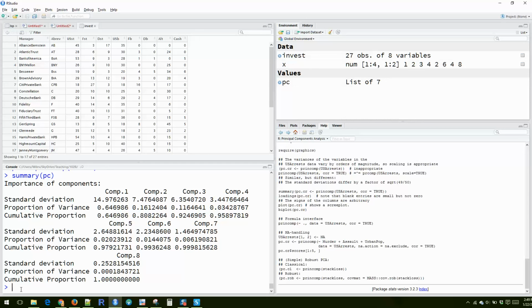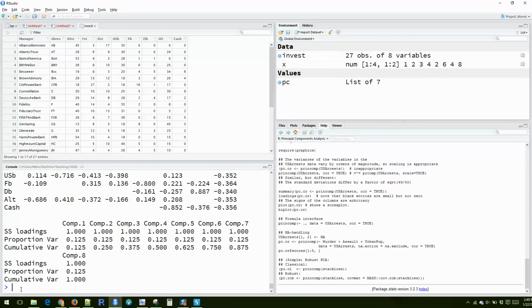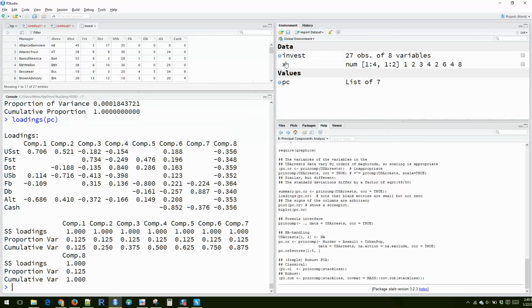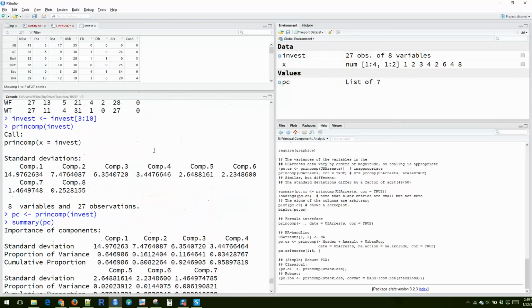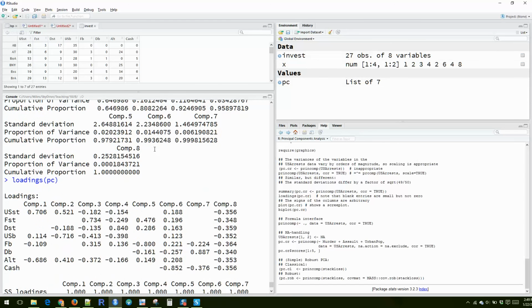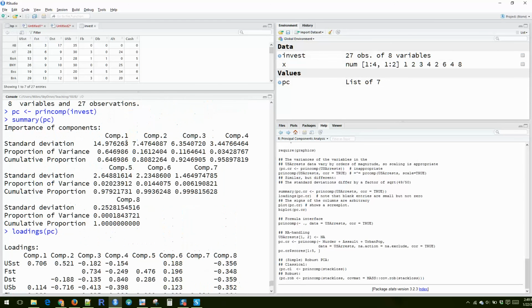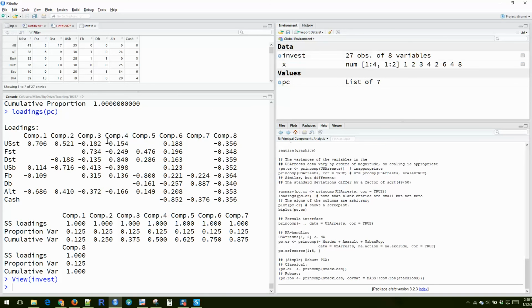Summary of PC and summary. Okay, so I've performed a principal component analysis on our data, going to those banks and seeing how they recommend making investments. It says here's component 1, component 2, and here are the loadings that they've reviewed.